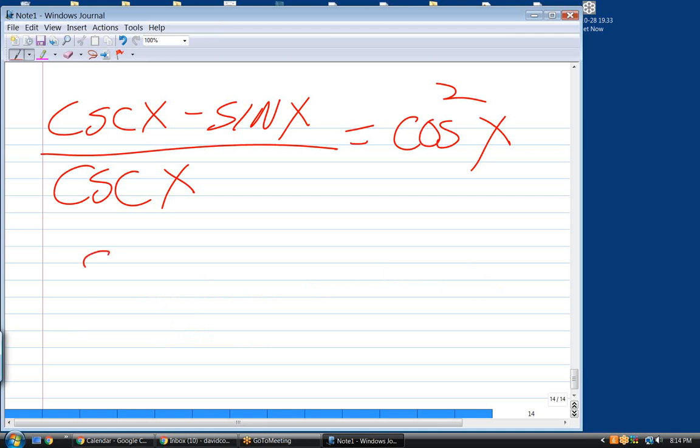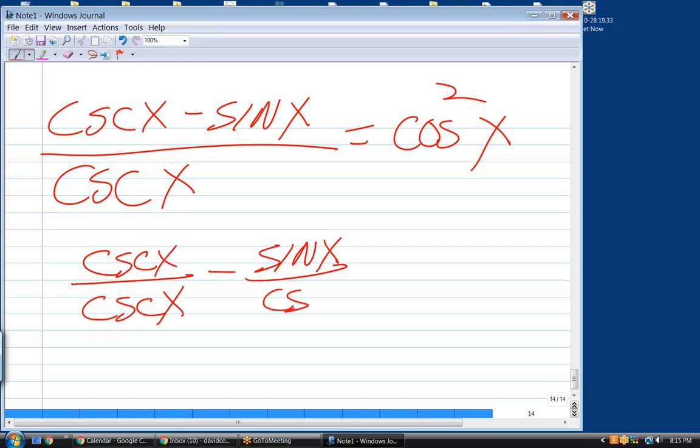Okay, so I'm going to break this up into this minus this. Step one. Now, that's equal to 1. And this, I'm going to make it sine x over the reciprocal of cosecant, which is 1 over sine.